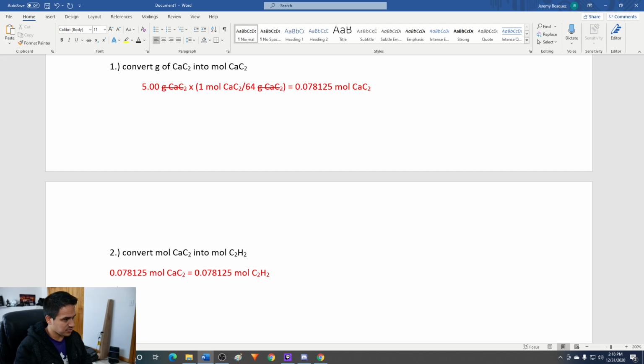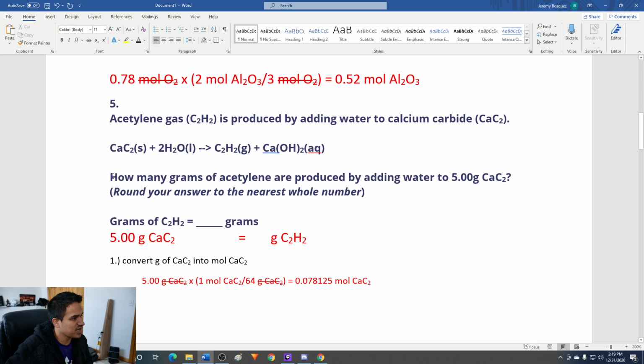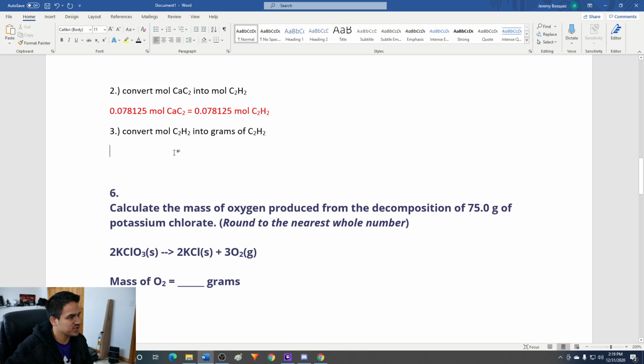Okay, step 3 then is we are going to convert moles of C2H2 into grams of C2H2. We're converting into grams because the question is asking for how many grams of acetylene are produced, and right now we have moles of acetylene. So we're going to take the moles that we have and convert those into grams. To do that, we need to know the molar mass.